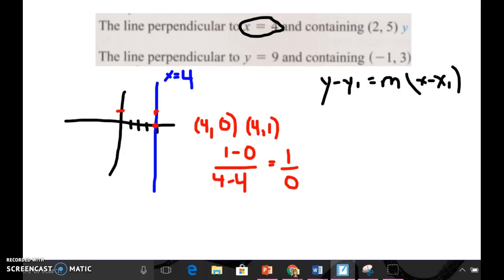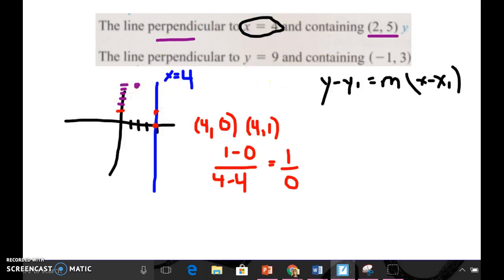Okay, well, that's all well and good, but how do you write the equation of a line that's perpendicular? Well, it has to go through this point. So if it has to go through (2, 5), and it has to be perpendicular to this line, what is the equation of that line?